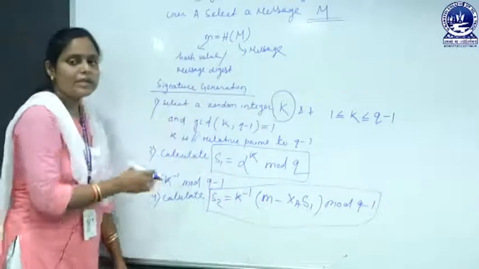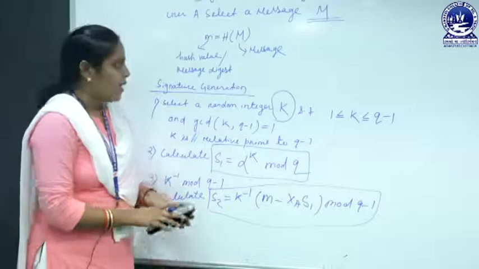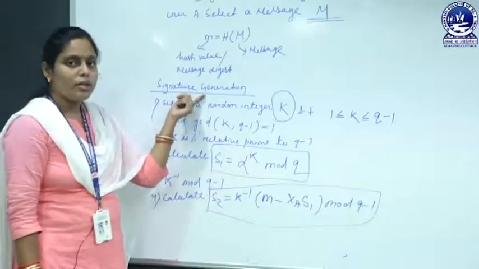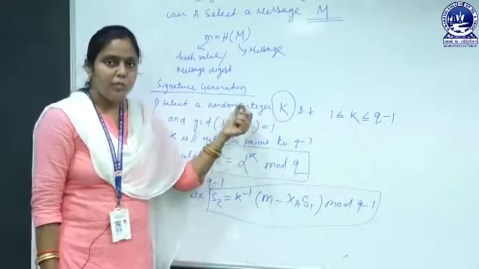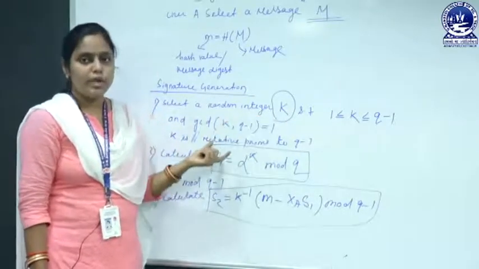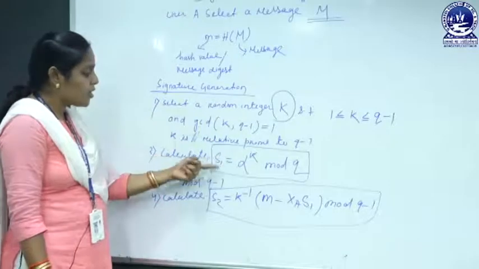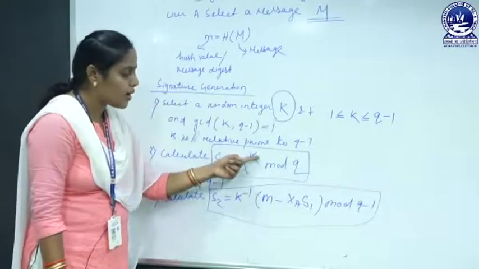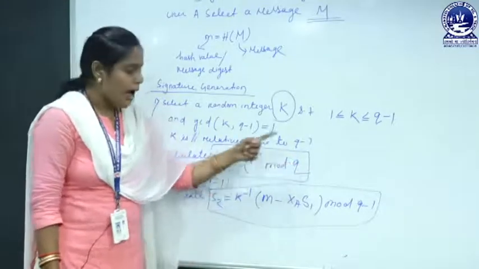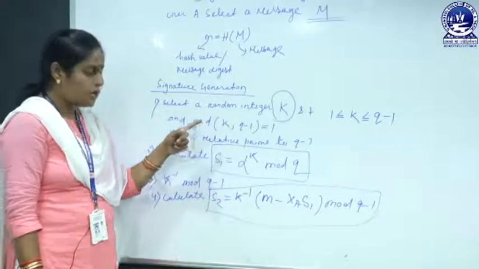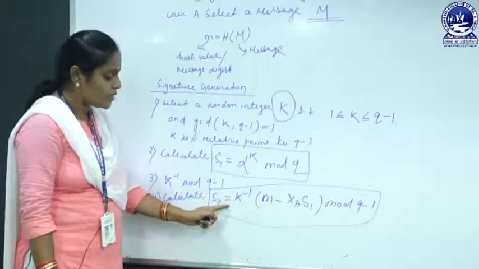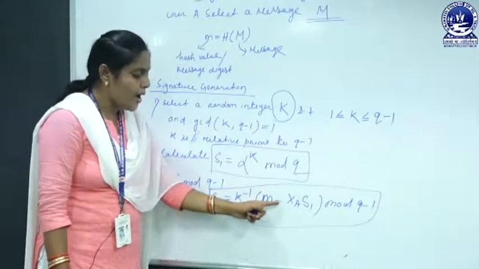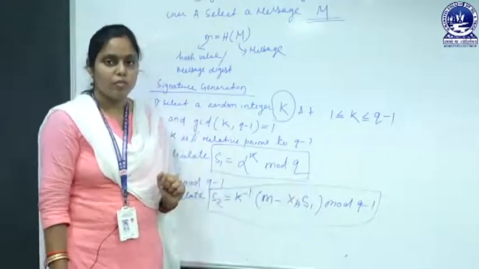Now look at this signature generation algorithm. First the user A selects a random integer K. After that it generates the S1 value, which is alpha to the power K mod q. After generating S1, the user A calculates the S2 value, which is K inverse times (m minus xA S1) mod q minus 1.